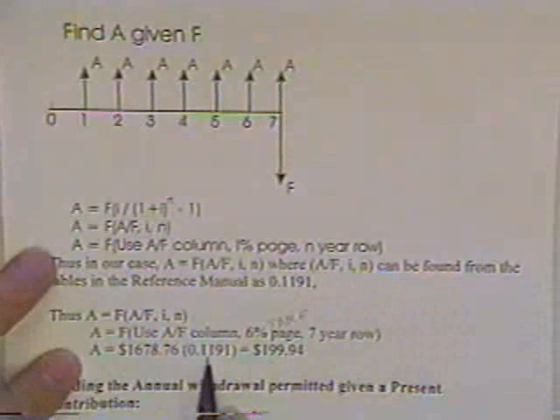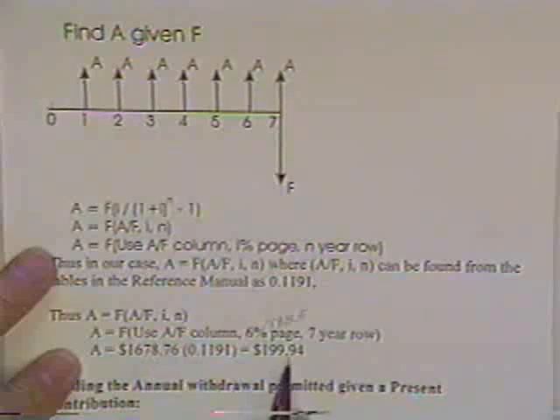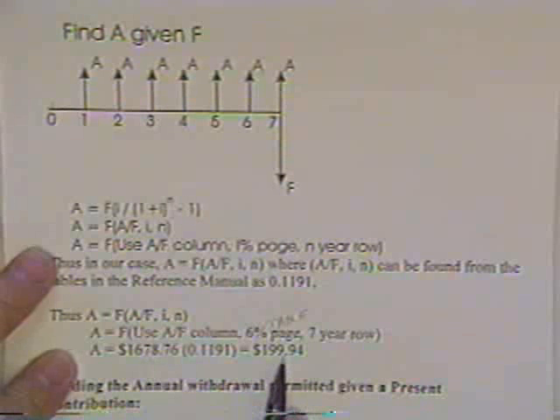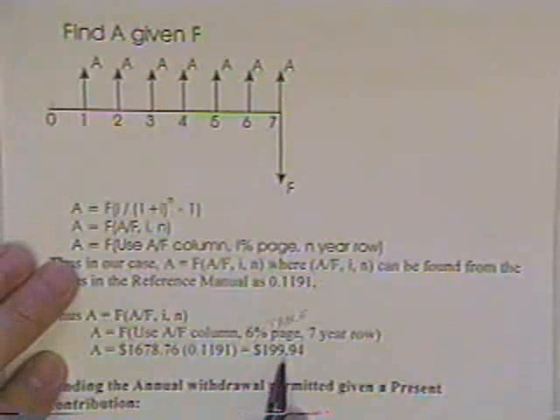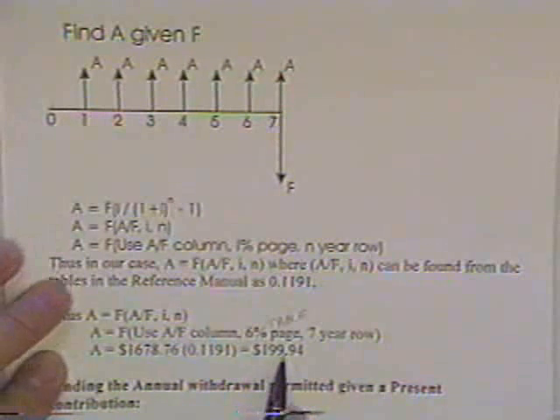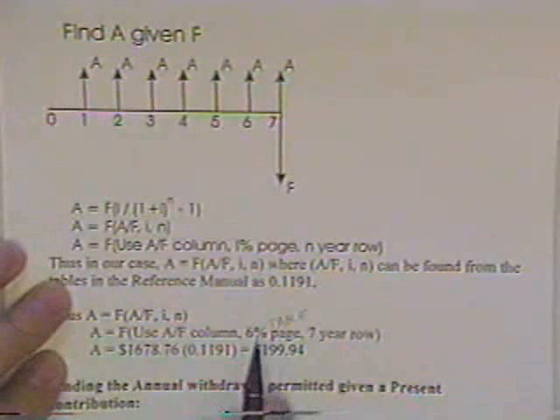And you will find the factor is 0.1191 when multiplied times how much you need. $200 must have been what I was shooting for. It's about as close as I could get. $199.94 each year would have to be invested, if they're going to give you 6% compounded annually each year.